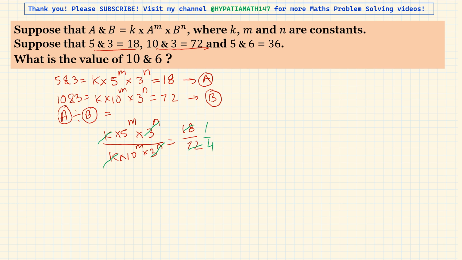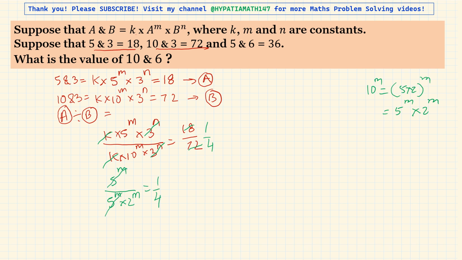And at the same time, this 10 to the power m, you see we can write it as, so we get 5 to the power m divided by 5 to the power m times 2 to the power m, because 10 to the power m can be written as 5 times 2 to the power m, and that is equal to 5 to the power m multiplied by 2 to the power m. That's what we did here, and that equals 1 out of 4.